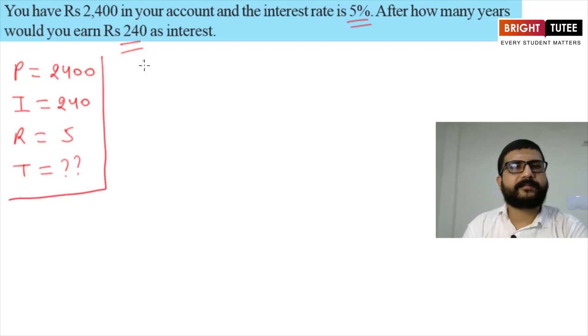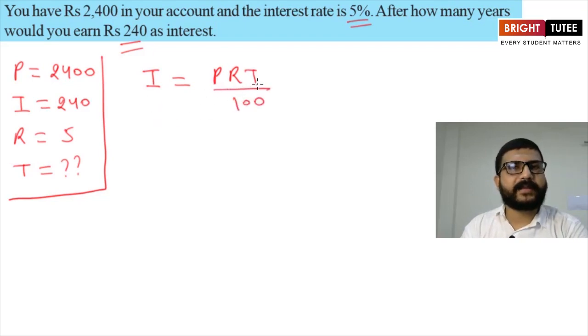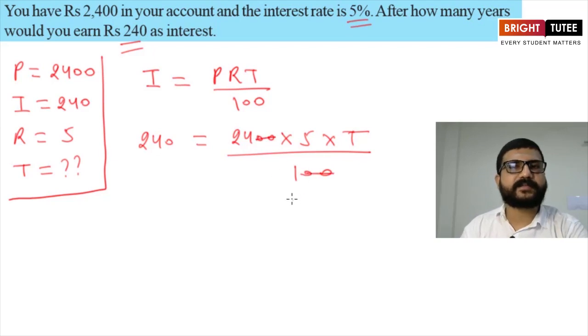Now as we know, interest is equal to PRT upon 100. So from here we can put the values and we can get the value of T. So it will be 240 is equal to P is 2400 into R, that is 5 into T divided by 100. Now we can simplify this, we can cancel these two zeros with these two zeros.